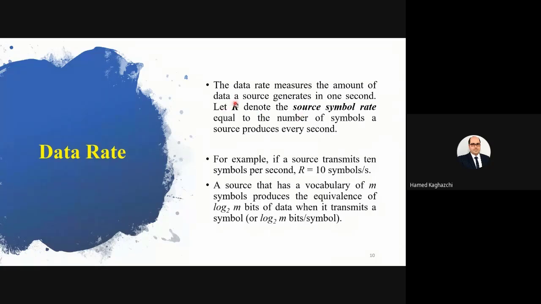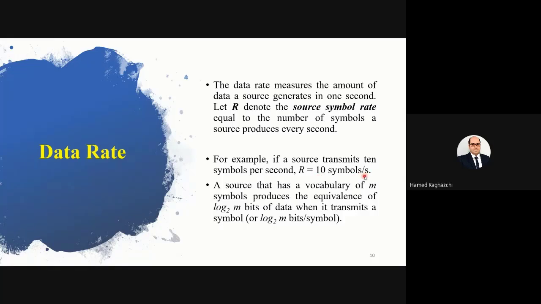For example, if a source produces 10 symbols per second, it means that R is equal to 10 symbols per second.